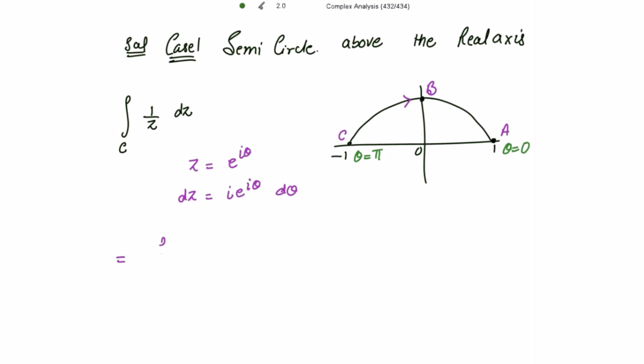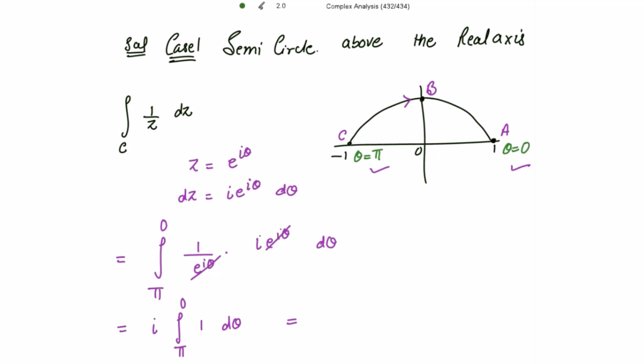So this is equal to the integration of 1/z, which is e^(-iθ), then dz, e^(iθ) multiplied with i dθ, and the limits of θ from π to 0. Cancelling this and taking i outside, the integrand is 1.